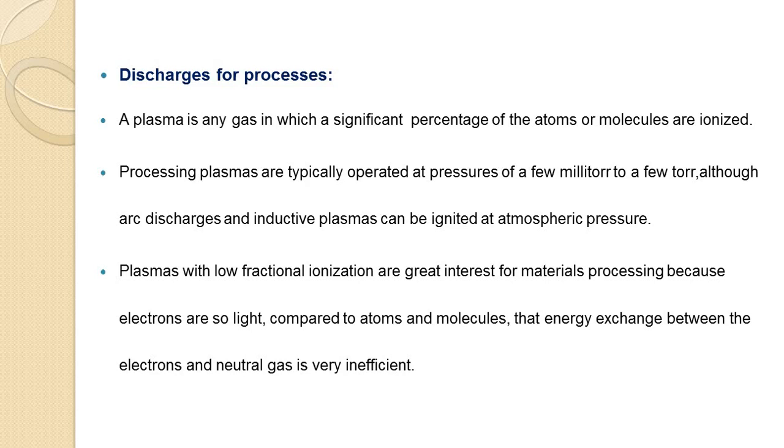A second benefit of deposition within a discharge arises from the fact that electrons are more mobile than ions. As a consequence, the plasma is normally more positive than any object it is in contact with, as otherwise a large flux of electrons would flow from the plasma to the object.